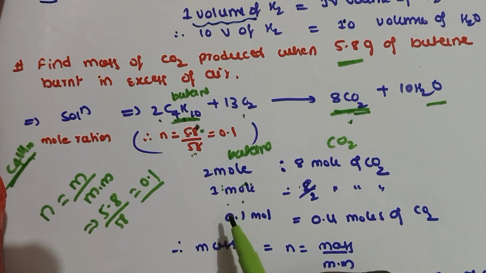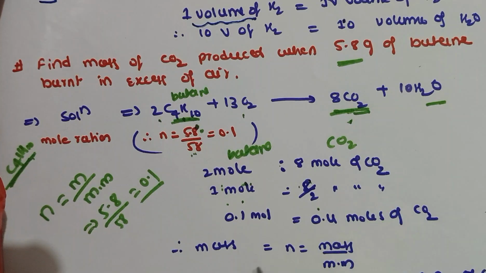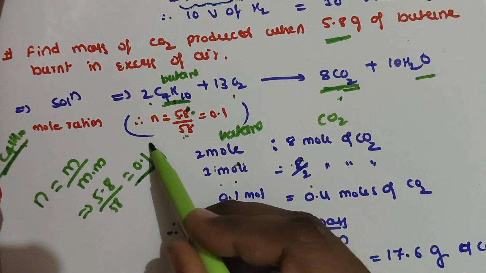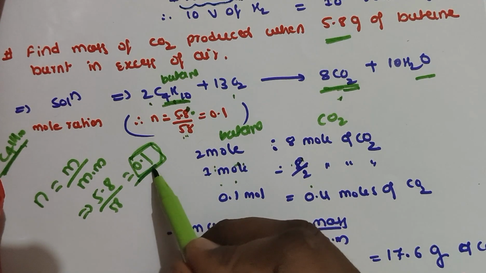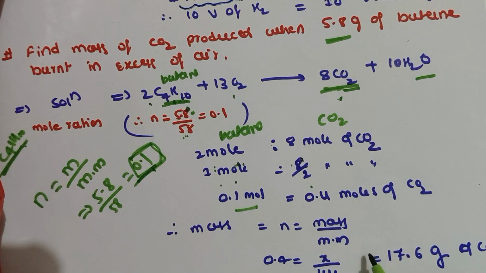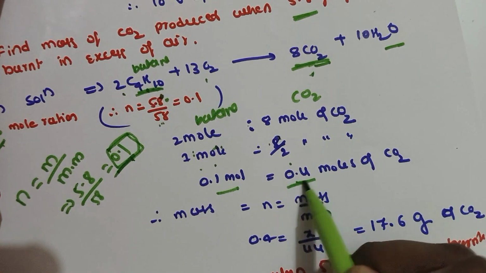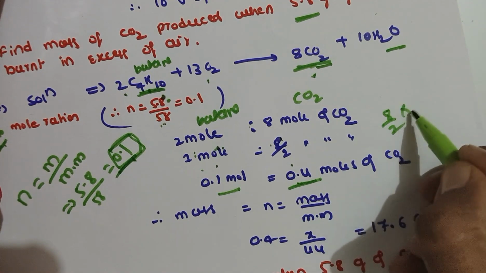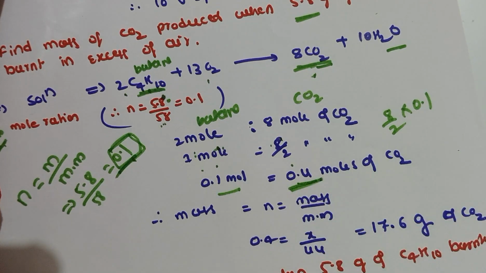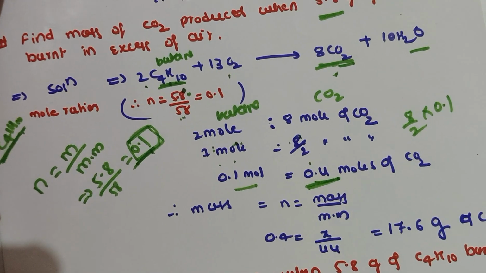Therefore, 1 mole gives 8 by 2, again the unitary method. Therefore, 0.1 mole gives 8 by 2 into 0.1, which is 0.4 mole of CO2.